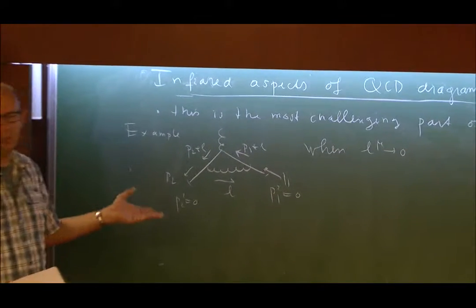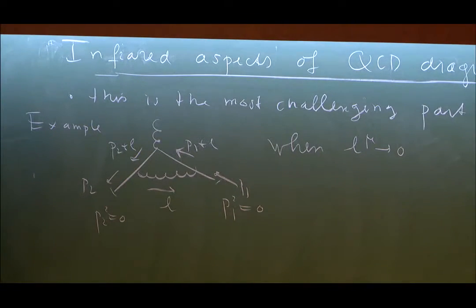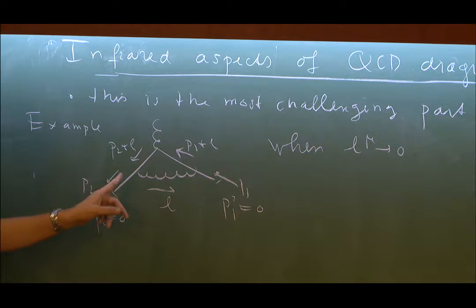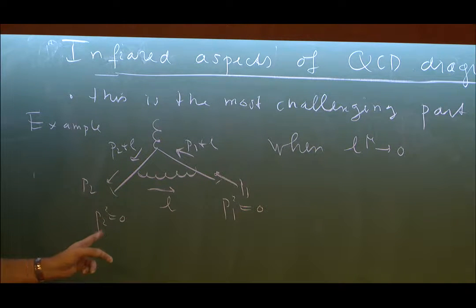It even works if they're massive, but we assume they're massless now. So here we have L, and going P1 plus L. If L goes to 0, we certainly already have a problem here. 1 over L squared, this propagator, that's not nice, 1 over 0. But also this one, 1 over P1 squared when L goes to 0. And this one goes like 1 over P2 squared. And if they're on shell, again 1 over zeros.